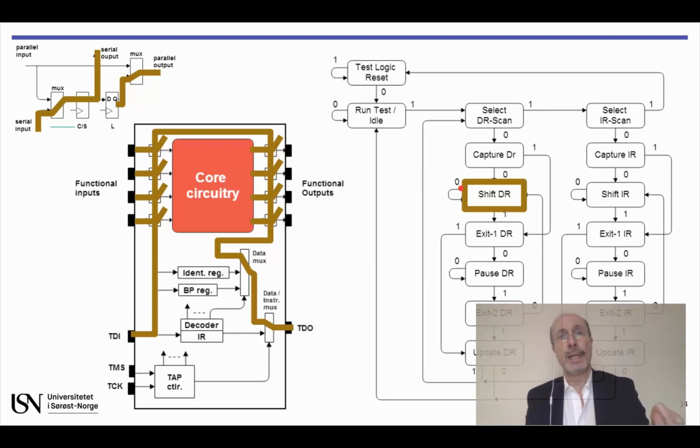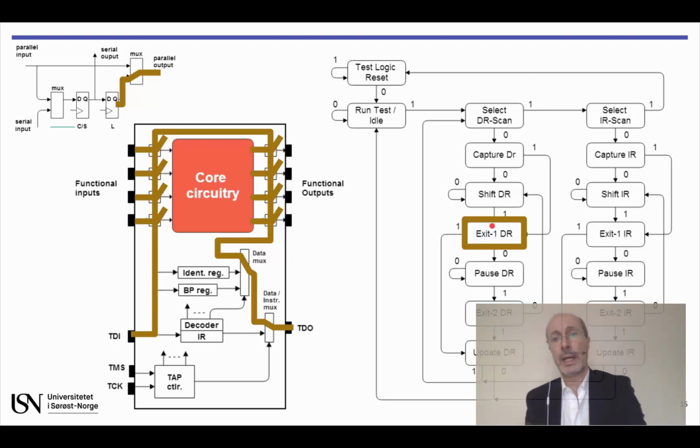We must remain in shift data register for as many test clock cycles as the total number of boundary scan cells. And again, we must drive TMS to 1 in the very last test clock cycle, so as to move out of shift data register and into exit 1 data register.